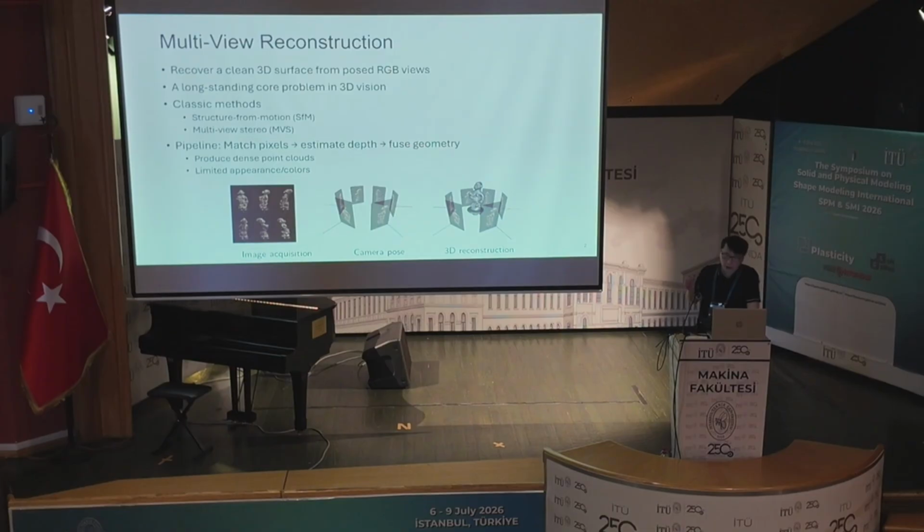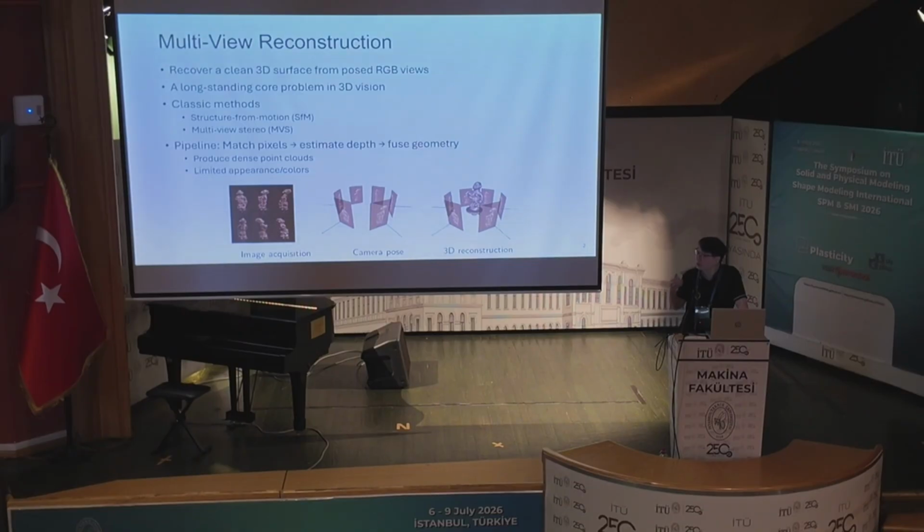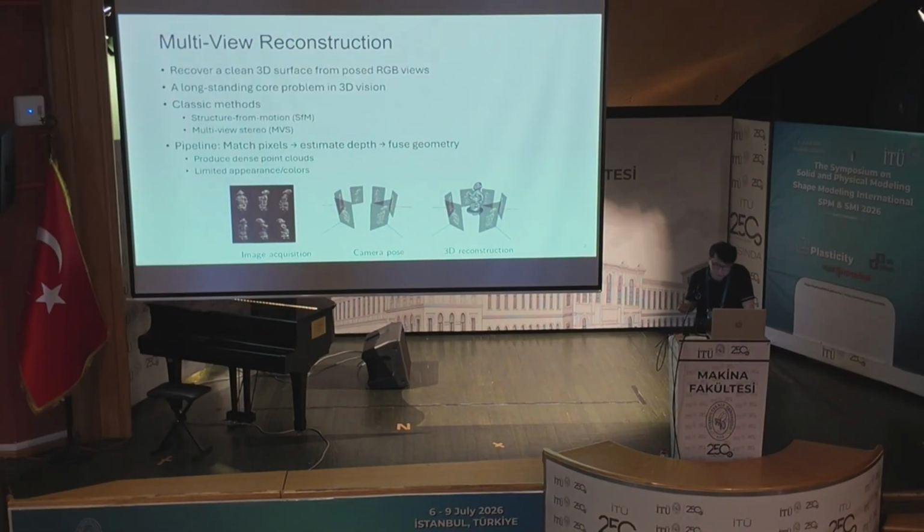Traditional reconstruction pipelines, which are typically based on computer vision techniques, mainly use structure from motion and multi-view stereo. The basic idea for these classical approaches is to match pixels across different views, then estimate depths, and finally fuse the geometry. These methods can typically generate very dense point clouds, from which we can apply surface reconstruction tools like Poisson surface reconstruction to obtain polygon meshes.